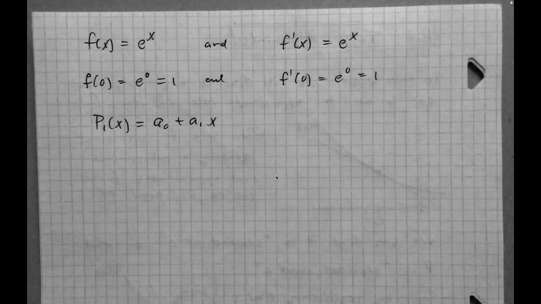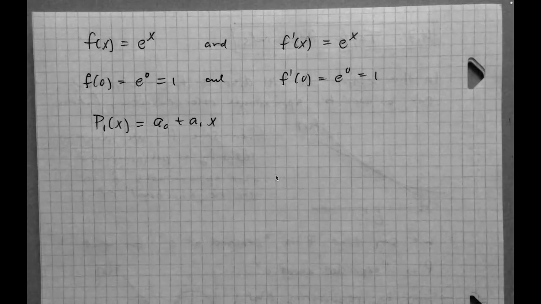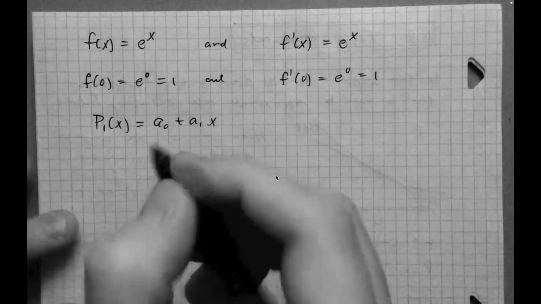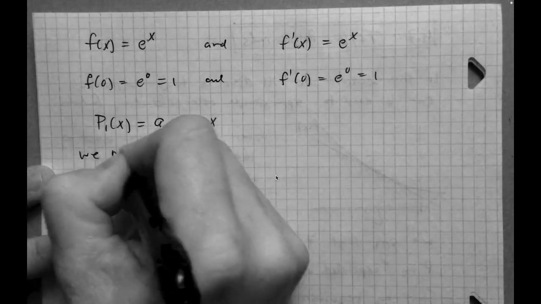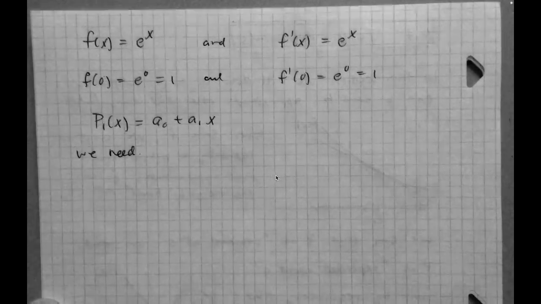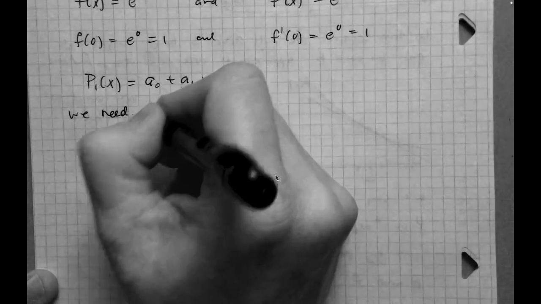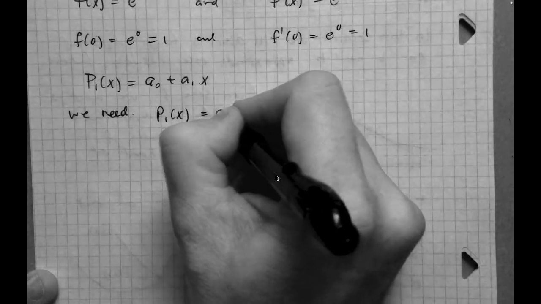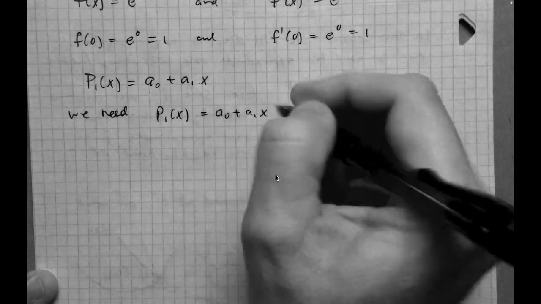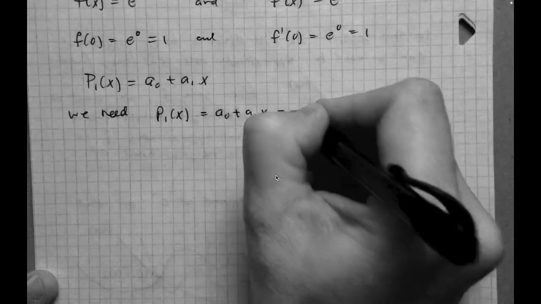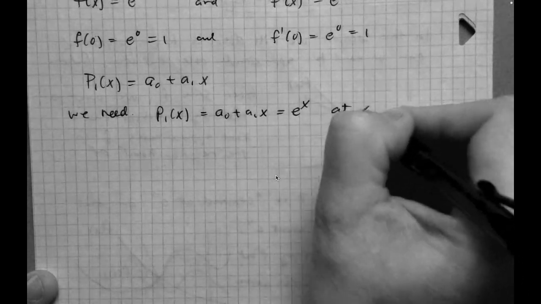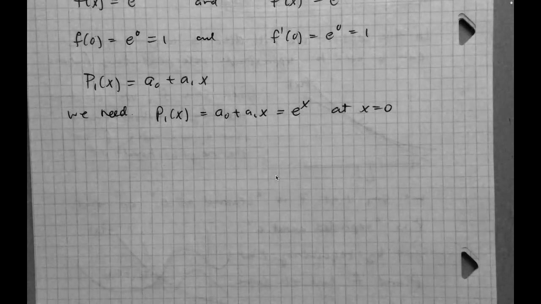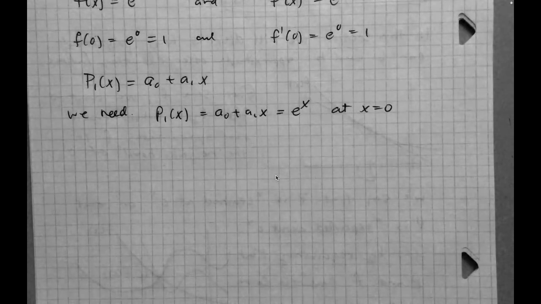Right? So we know that what we need is P1 of x, which is, as we just defined, a0 plus a1 of x. We need that to equal e to the x at x equals 0. Okay, so let's just plug in 0 and see what happens.